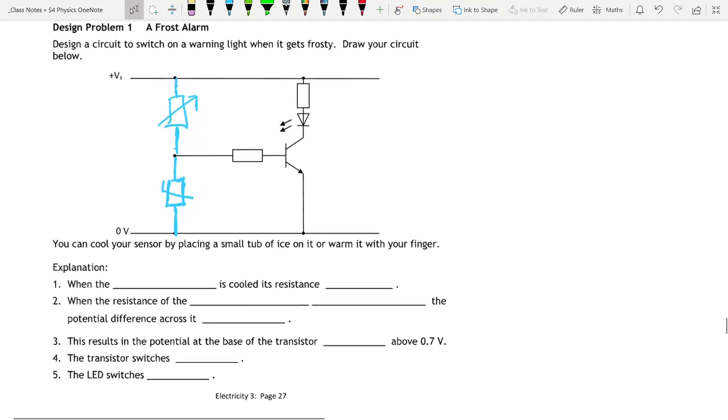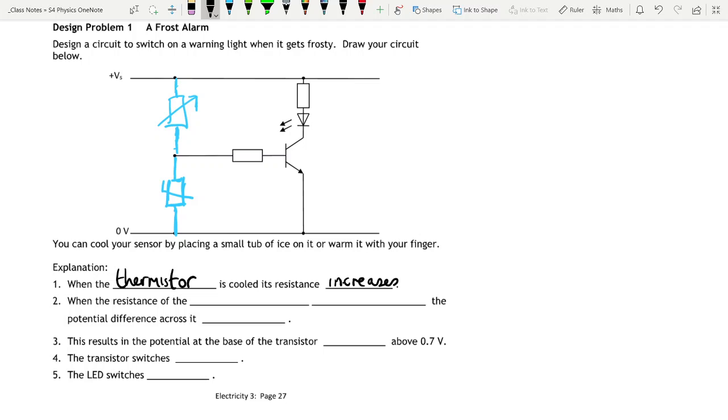So when the thermistor is cooled, its resistance increases. Obviously if something's resistance increases, the voltage across it increases.